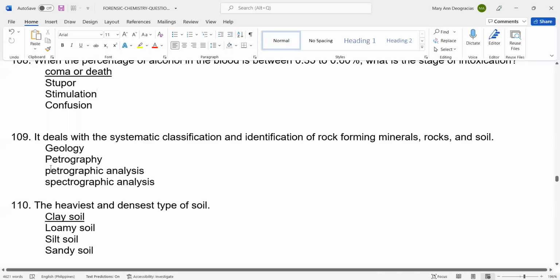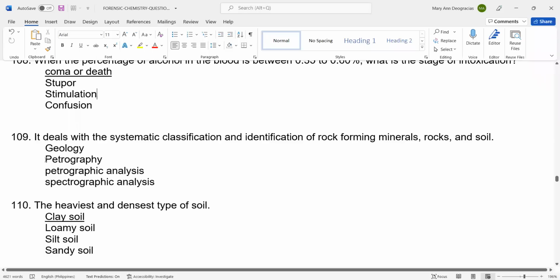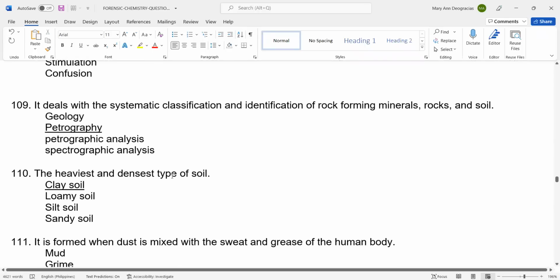Mag-eliminate kayo. Eliminate nyo yung letter C. Eliminate nyo yung letter D. Okay, ano sagot? B. No, mali kayo dito. So it's letter B. Mag-eliminate kayo para ano? Nandiyan na yung sagot ng number 110.